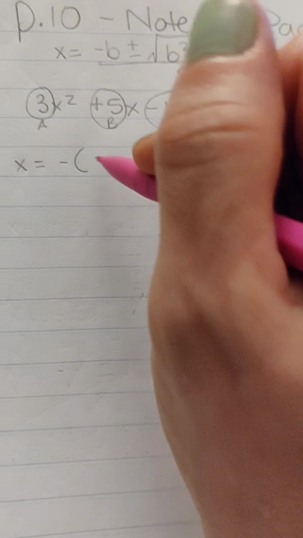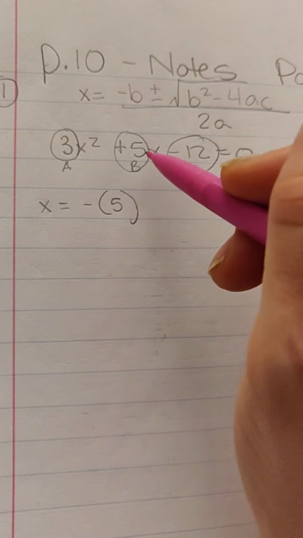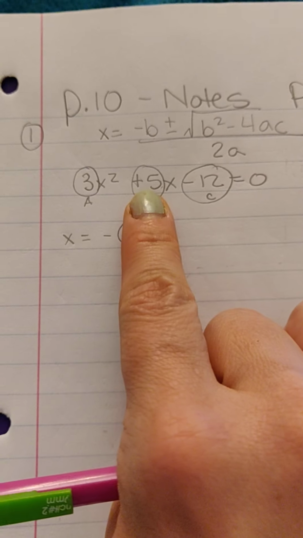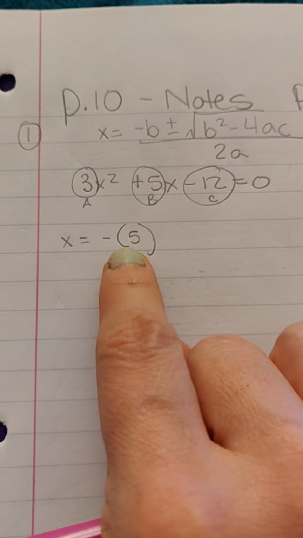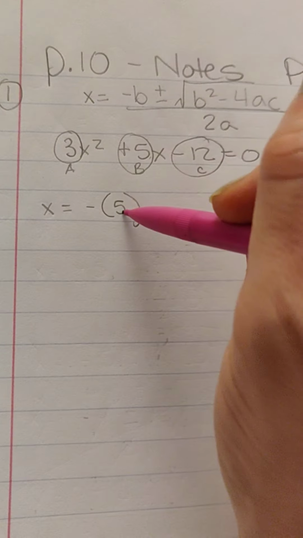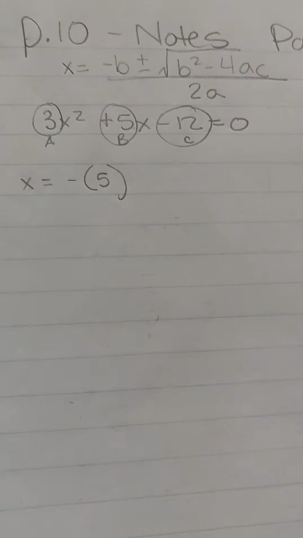For this example, here's my negative, and my value of b is 5. You can either look at it as, what is the opposite of b? What's the opposite of a positive 5? It's a negative 5. Or you can take the value of b and put it into parentheses and have that negative sign outside of it. I always do it like this, so that I don't forget that there's that negative there.